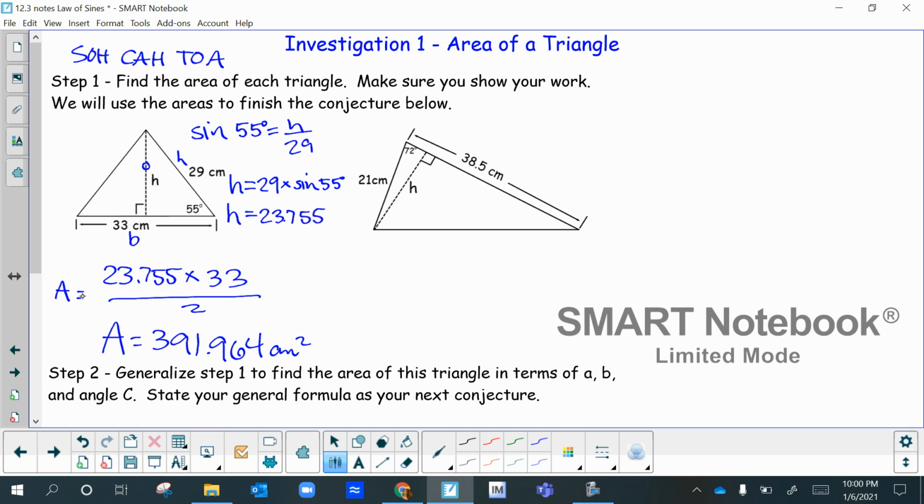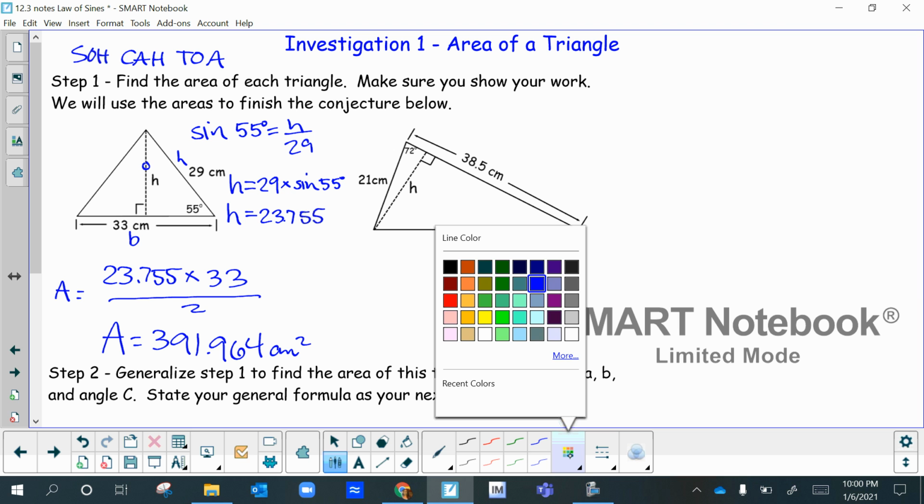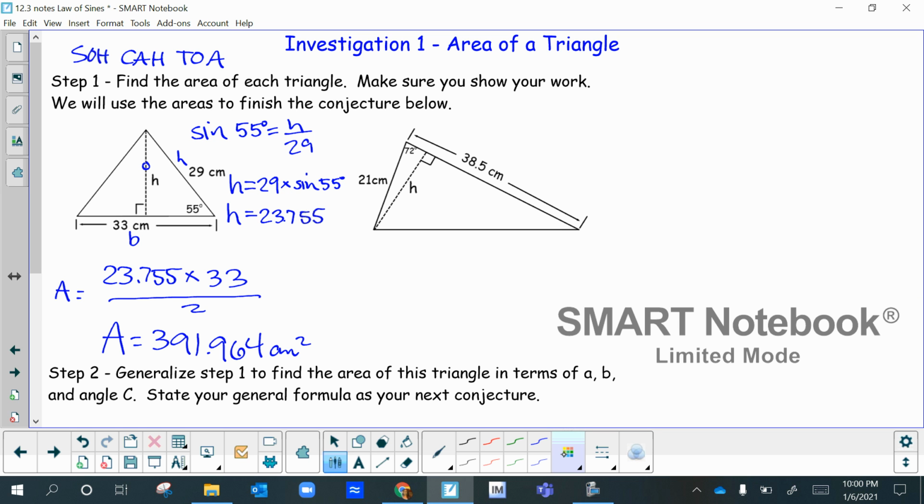Okay, so think about the repetitive thing that we're going to do here in this second one, and you're going to realize, oh, this is kind of the same thing. So over here I have the height. It goes a little bit different, but you saw that in previous problems from our other two sections. So I'm going to solve for the height, because this is my base and that's my height. I'm going to use the 72, which is opposite, and this one's the hypotenuse.